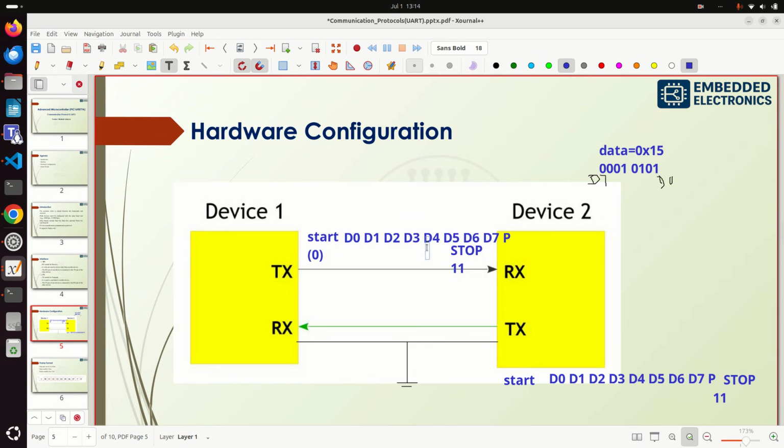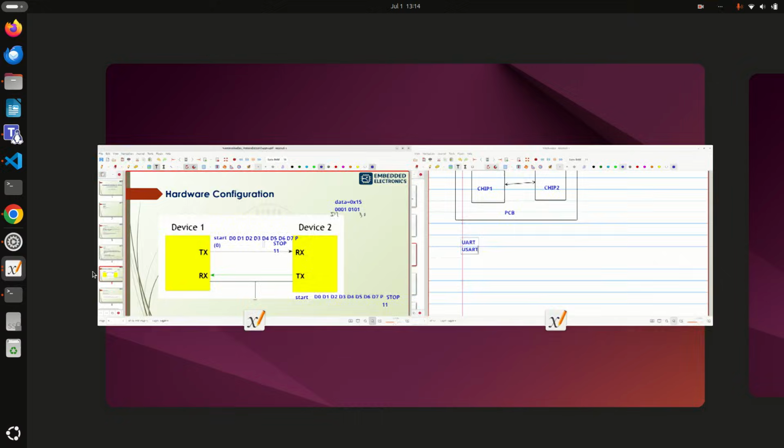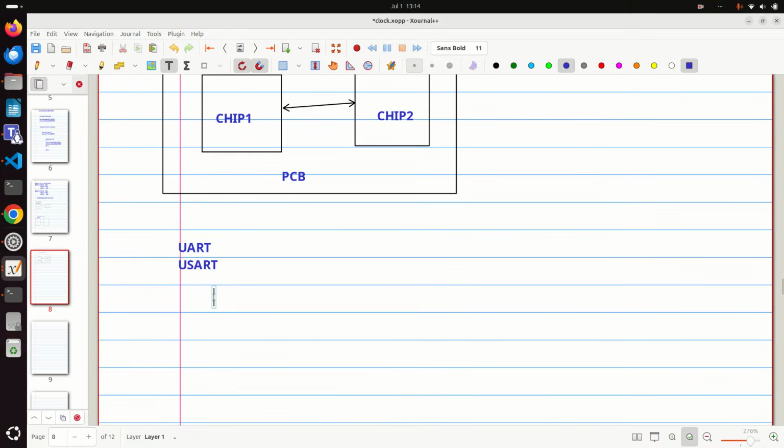Device 1 is based on the data: it calculates the parity and transmits. So what do you mean by parity? We are discussing parity. In the parity bit we have two types: one is odd parity and the other is even parity. What do you mean by odd parity and even parity?